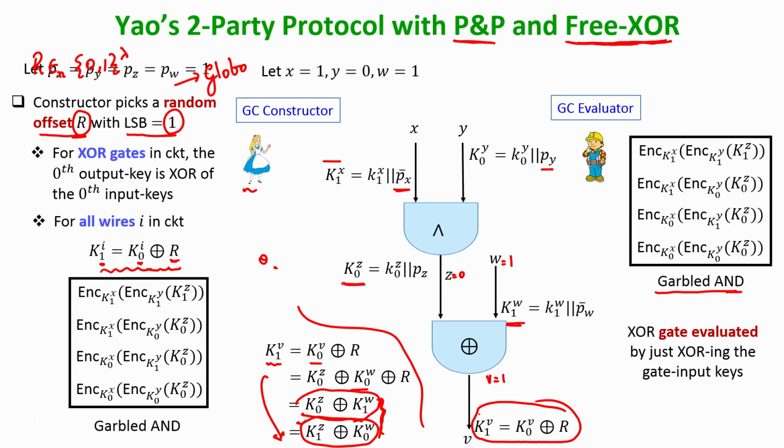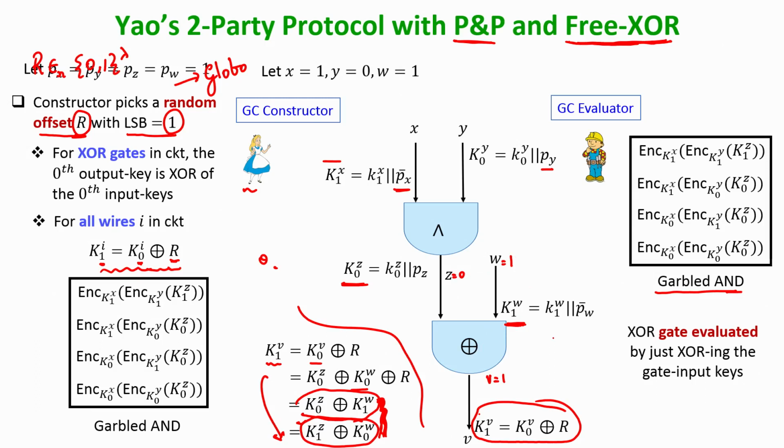And indeed, if we XOR this 0 key associated with the Z wire and this 1 key associated with the W wire, that will give us the key for the V wire corresponding to 1, because of this relationship, which is how the constructor would have associated the keys with the outputs of this XOR gate.